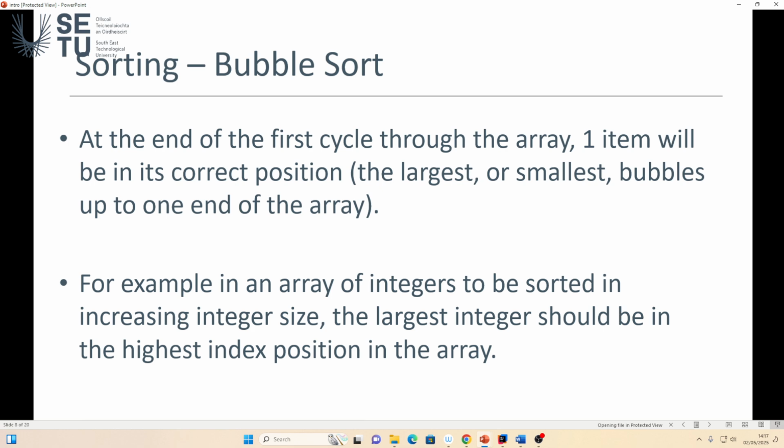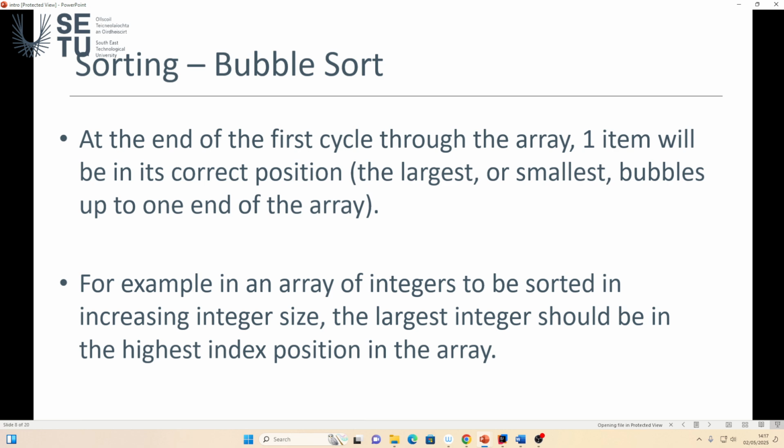And what we say, it bubbles to the end of the array or the array list, whatever our data structure is. So if we have an array of integers to be sorted increasing integer size, the largest integer should be in the highest index position of the array. So we want it to bubble up.